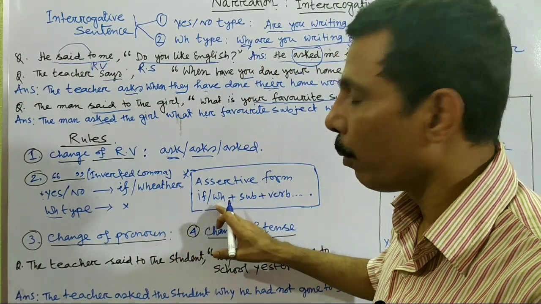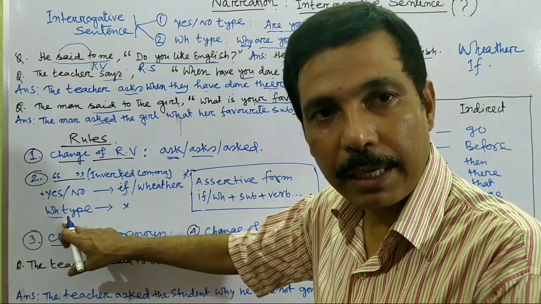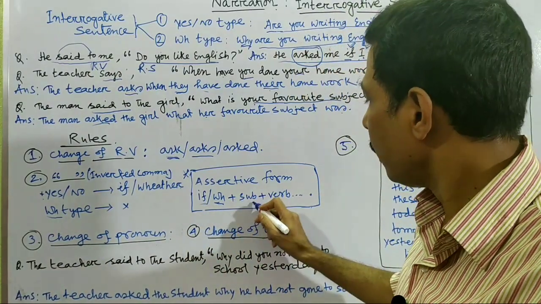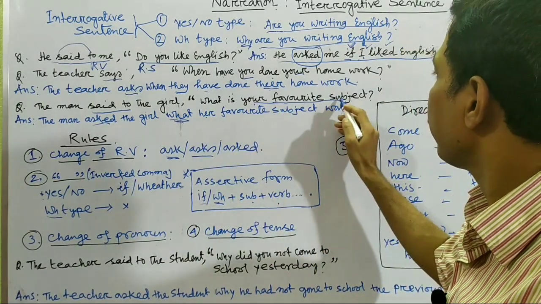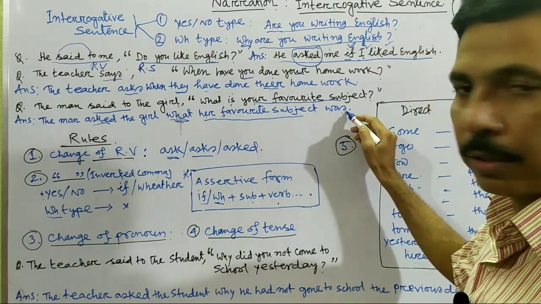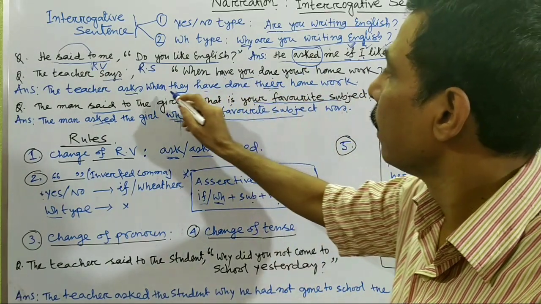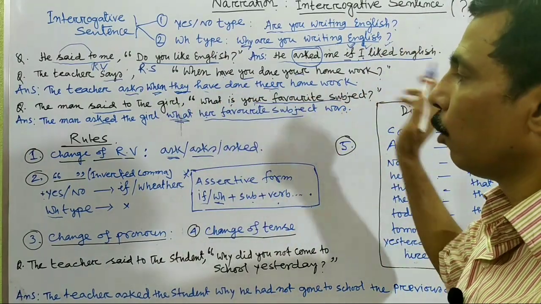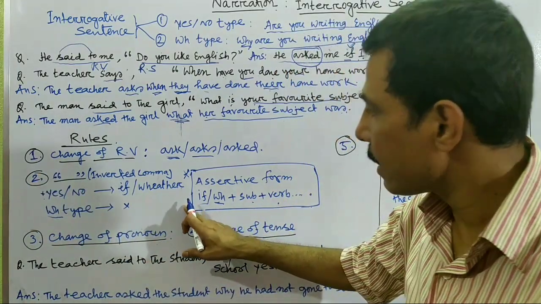That means if or a WH word, if it is yes-no type, "if"; if it is WH type, use the WH word, then subject, then verb. Look here: "what", then "your favorite subject", which is the subject, then the verb comes last. Here, "when have you done your homework?" After "when" comes "they", the subject, then "have done their homework". So remove the inverted comma and follow the assertive form.